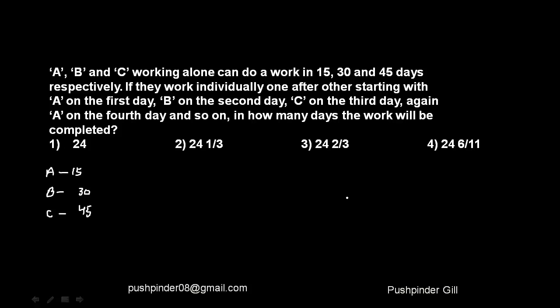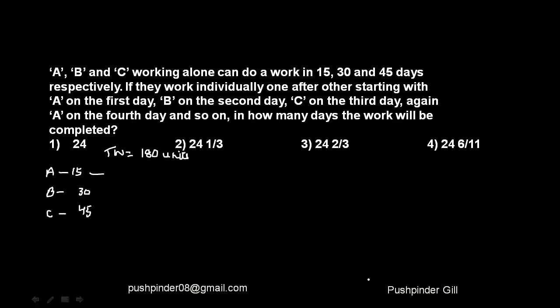So we need to assume the work to be of some number of units, and let us assume the total work is 180 units, a number which is divisible by all these 3 numbers.